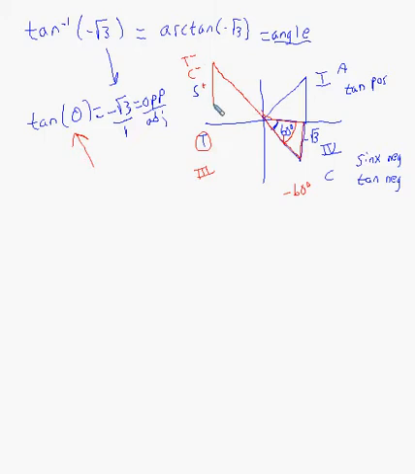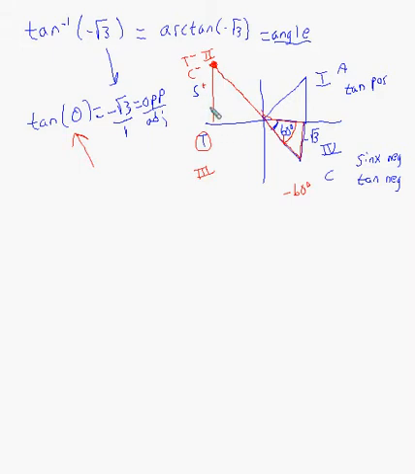So I'm going to draw a reference triangle in quadrant 2 because I know tangent comes out negative there. And I could repeat the process and say the opposite over adjacent has to be negative radical 3. But because I'm in quadrant 2 here, I wouldn't label the side opposite my reference angle negative, right? Because the y value of this point would be positive, the x value would be negative.